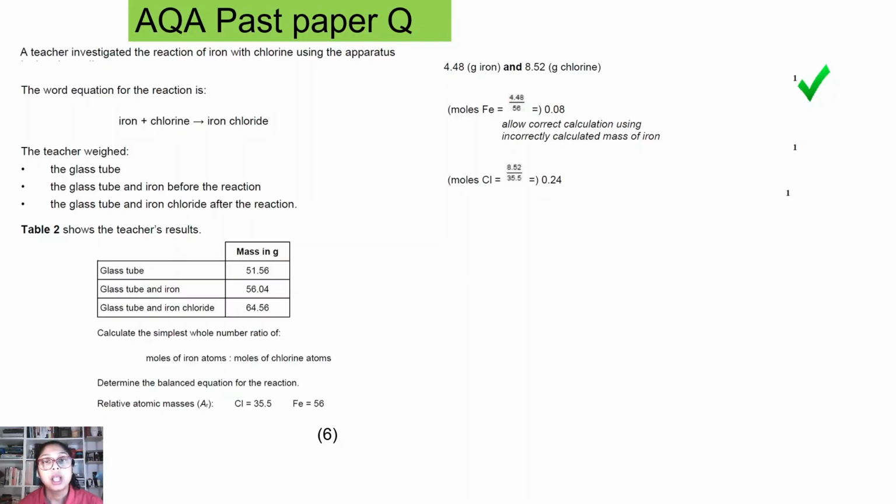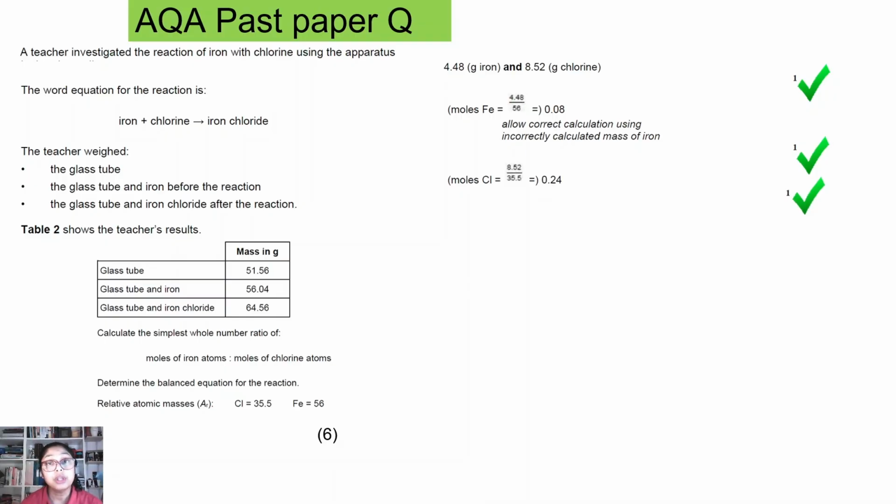Next, moles of chlorine, you got the mass 8.52 divided by 35.5 and you got 0.24. So each of them, you get one mark for calculation of the moles.